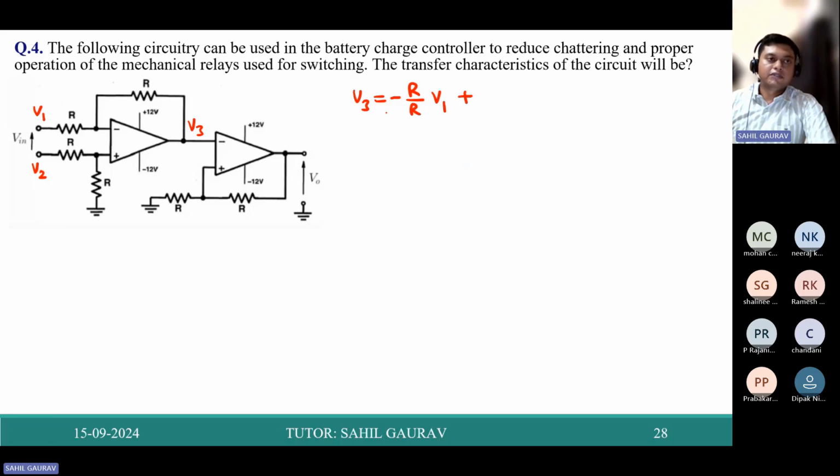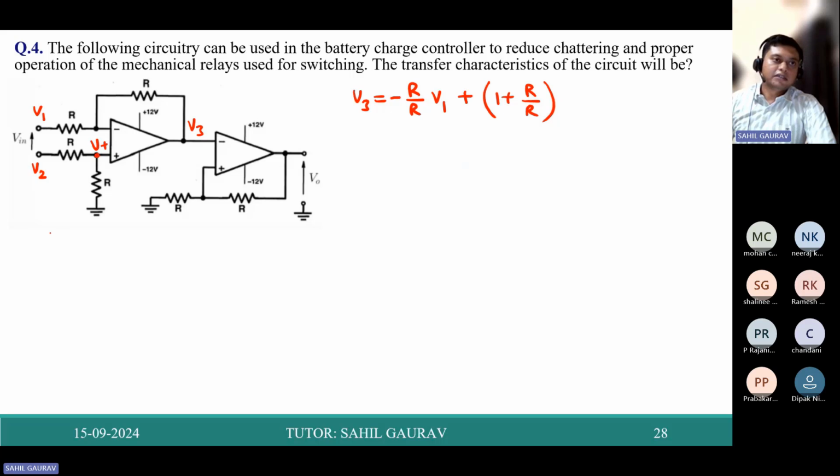Now for voltage V2, we have 1 plus R upon R. So this part, and then we have to provide this V plus.